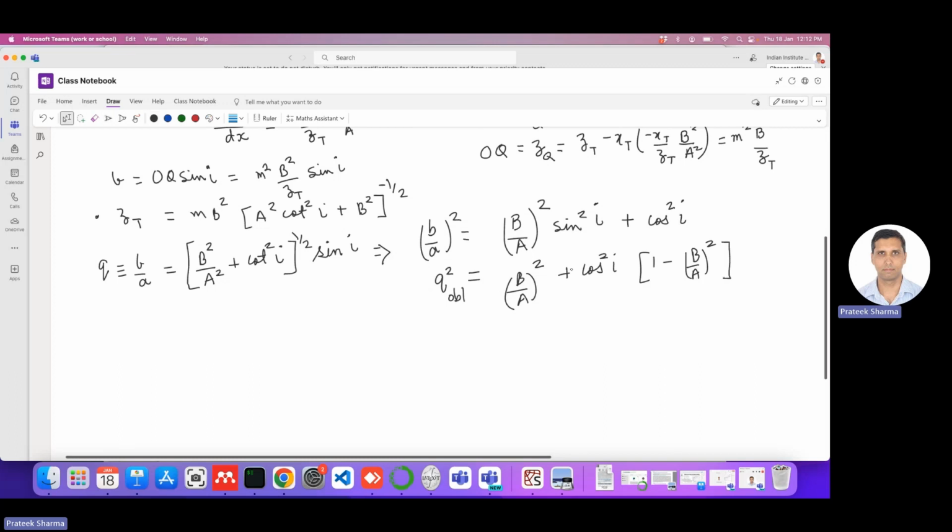So what this means is this is greater than the true q squared, because this is a positive quantity, and q true is just b by a. So it's expected, right? The apparent ratio of minor to major axis will be larger than the true value. It's also intuitively obvious, because a lot of times you'll see an axis ratio close to 1.